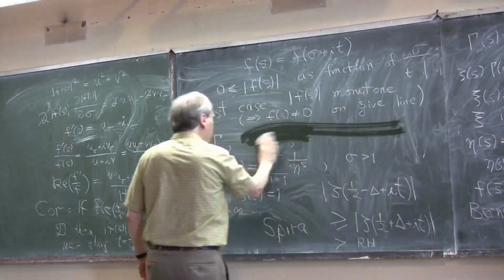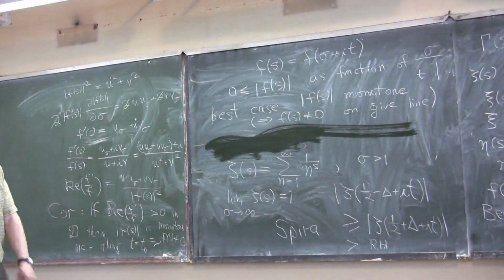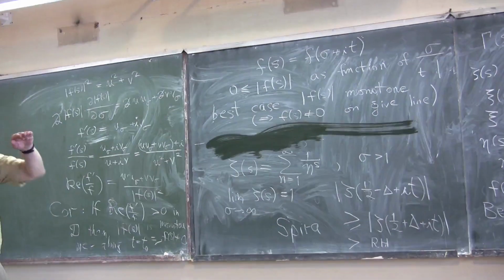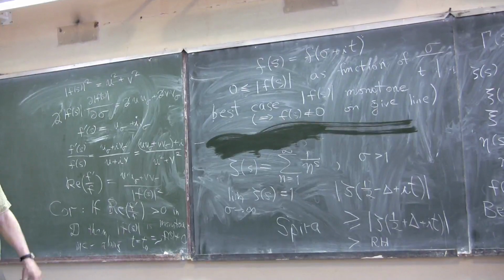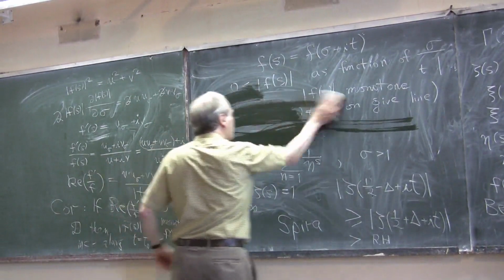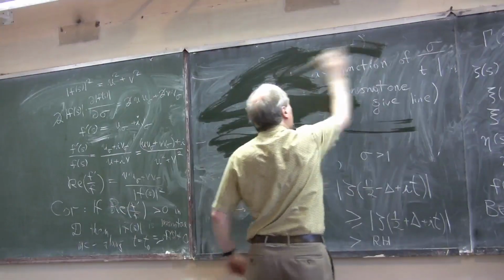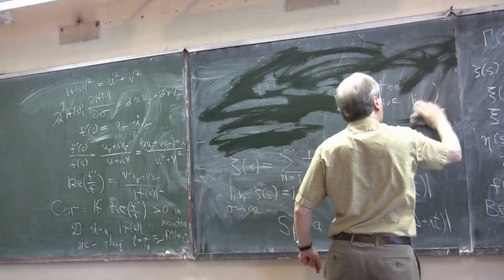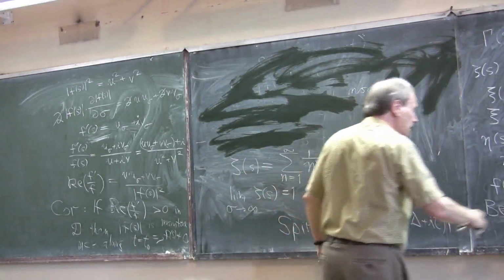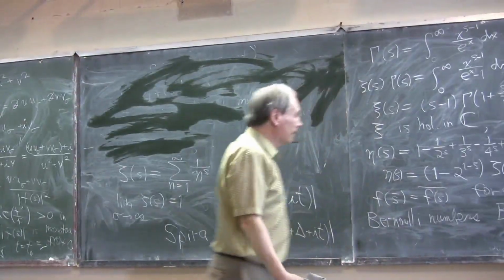You mean monotonicity of the modulus on the horizontal and vertical lines? Along horizontal lines. Horizontal, okay. Yes. In fact, what we will prove: if we look at this functional equation for psi, the equation that I wrote here, it is symmetric.